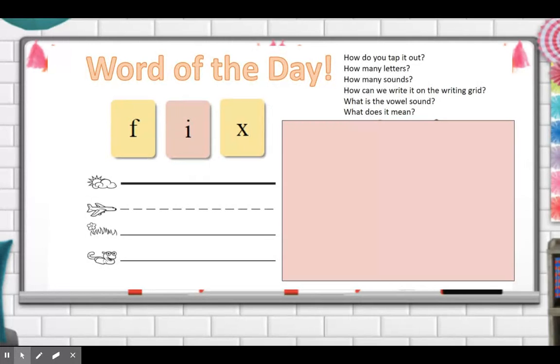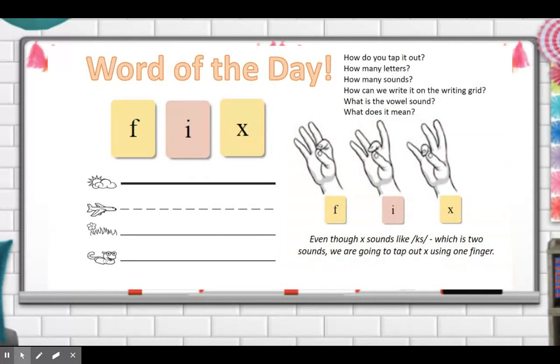If you said 3, you're correct. Now, how many sounds do you hear in the word fix? Now, this is where you can tap it out. F, i, x. How many sounds? That's right, 3 sounds. So even though X sounds like it's 2 sounds, it's actually 1 sound. So we use 1 finger.